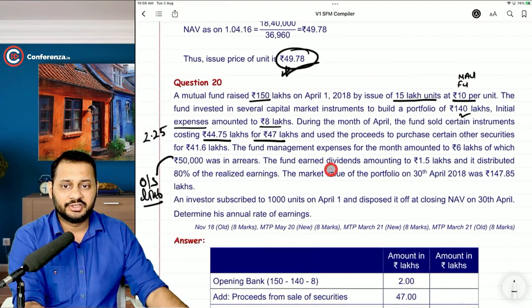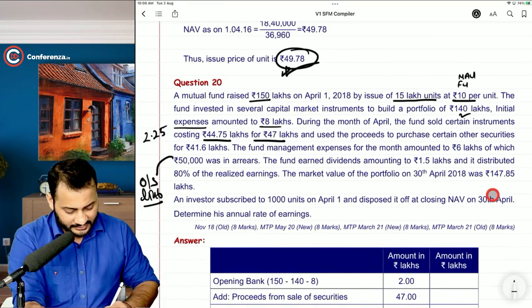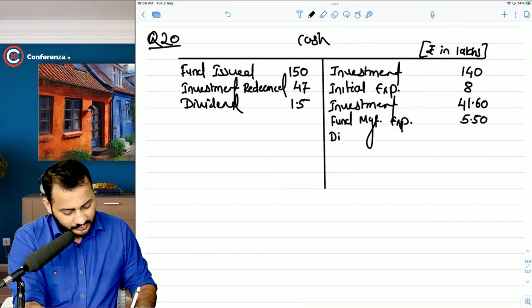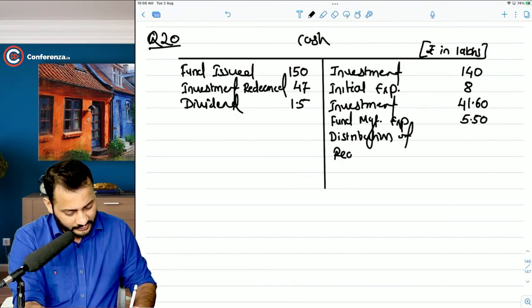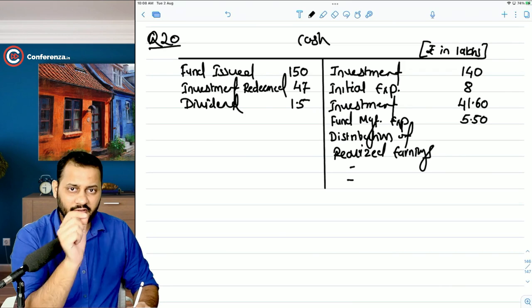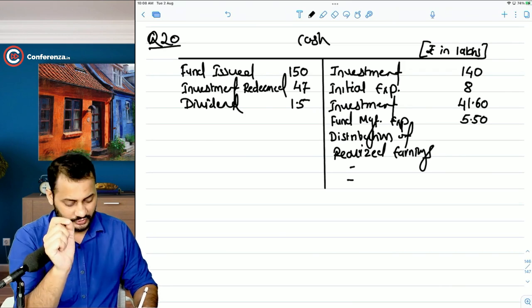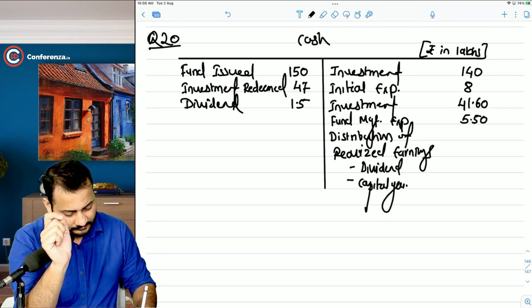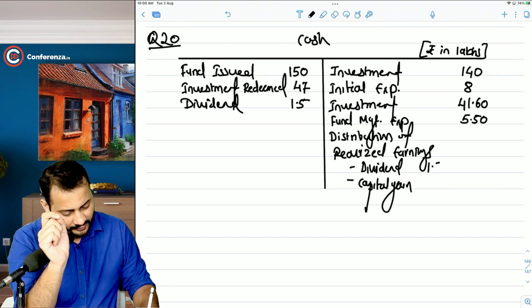Then it distributed 80% of the realized earnings. Now, distribution of realized earning. This is going to be interesting. Have a look. Do you think there is only dividend which is a realized earning? No, sir. There are two items: dividend and capital gain. So dividend is 1.5 and the capital gain was 2.25.